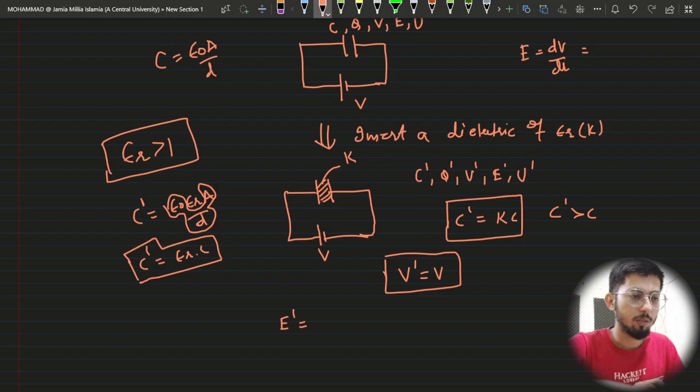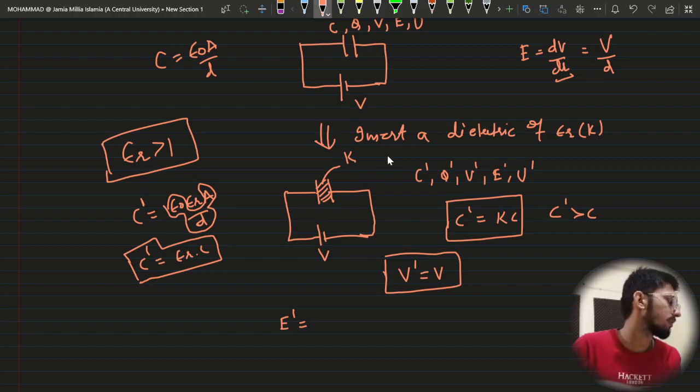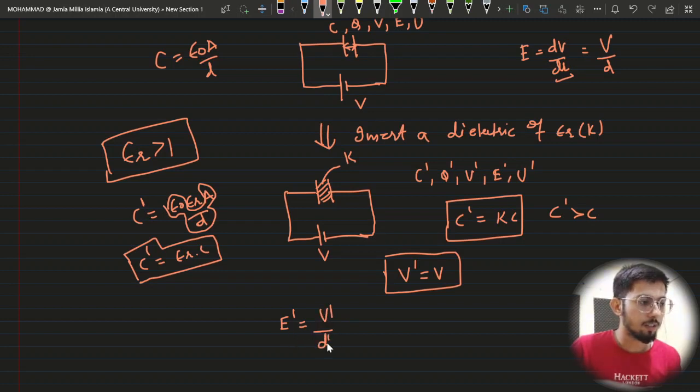So we were talking about the electric field. Electric field is dV by dr, so it is voltage divided by distance in meters. E is V by D in this context, because D is this distance. E dash is V dash upon D dash.